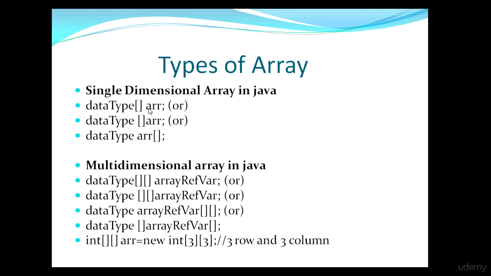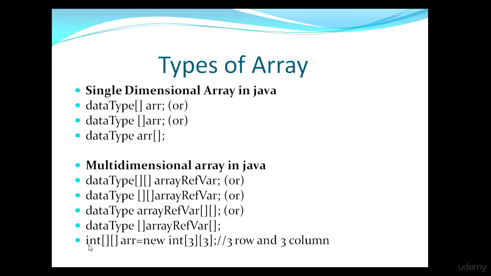This is how we do it for a single dimensional array. Now comes the multi-dimensional array. Multi-dimensional is the same. You have a data type and an array reference variable. In multi-dimensional you have two square brackets, and I have given a simple example here.